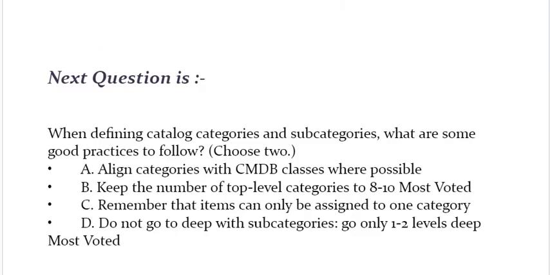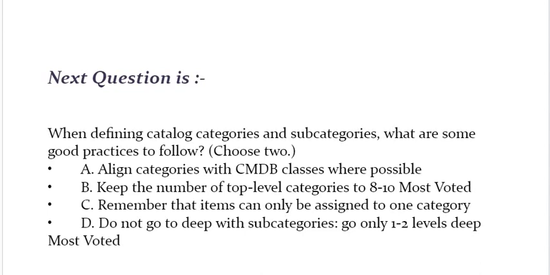Next question is, when defining catalog categories and subcategories, what are some good practices to follow? Choose two options. Option A. Align categories with CMDB classes where possible. Option B. Keep the number of top-level categories to 8 to 10.